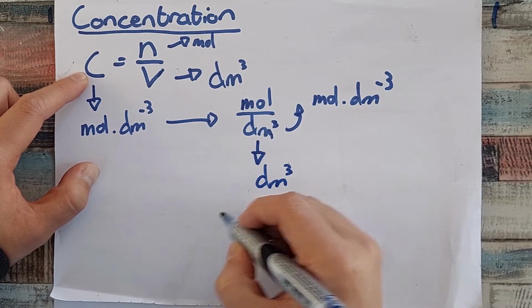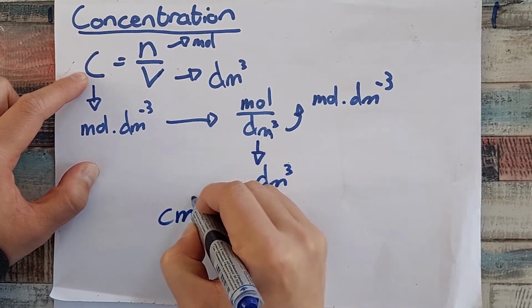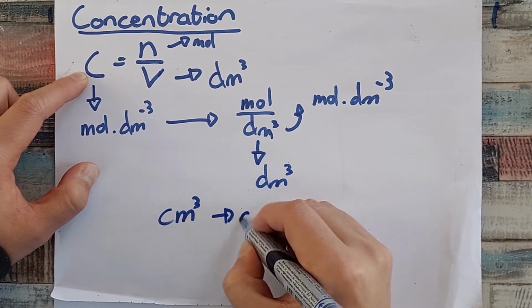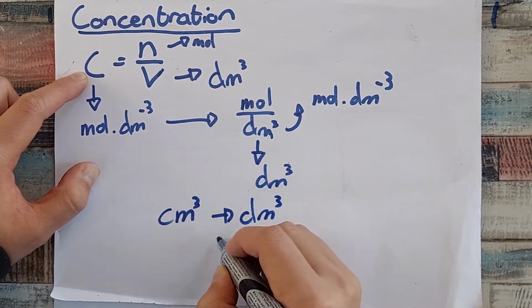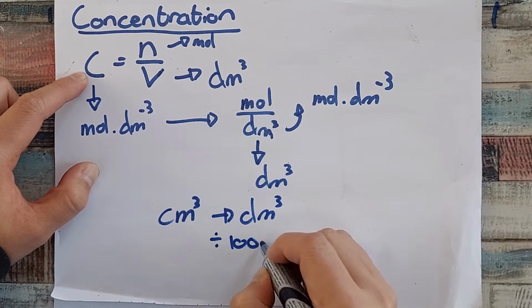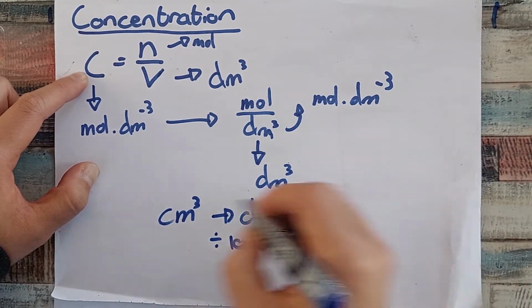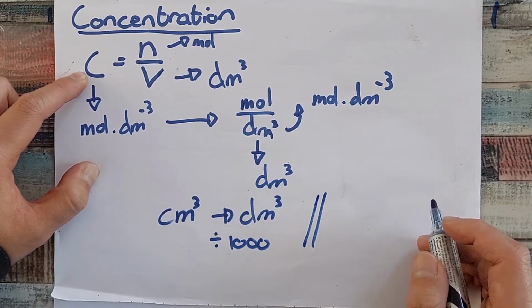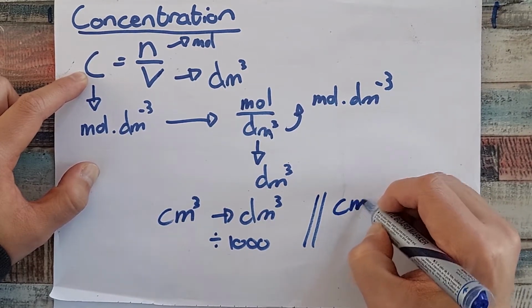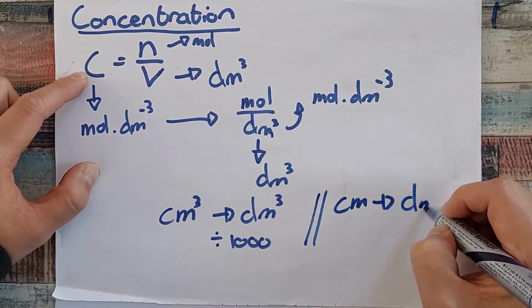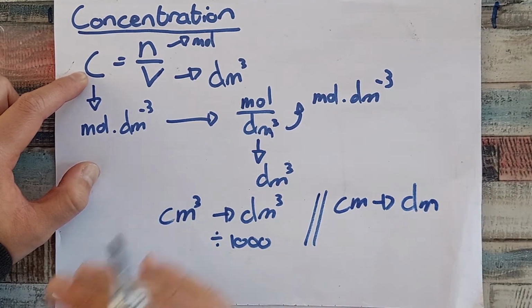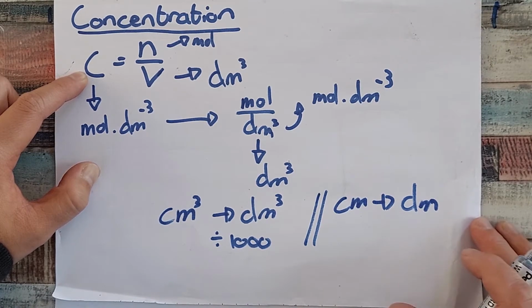Majority of the times they are going to give it to you in centimeter cubed. And your centimeter cubed to your decimeter cubed is going to be divided by 1,000. Now, to understand how to convert it, first understand how to convert it normally, just using centimeters to decimeters, right? The reason I say how to do it normally is because it's going to apply to other physics sections later on.